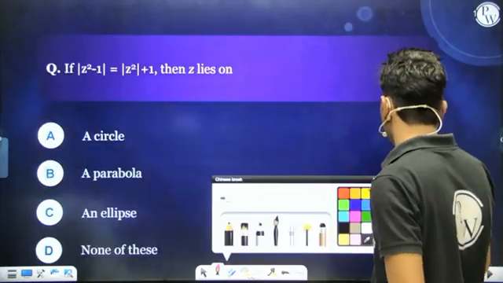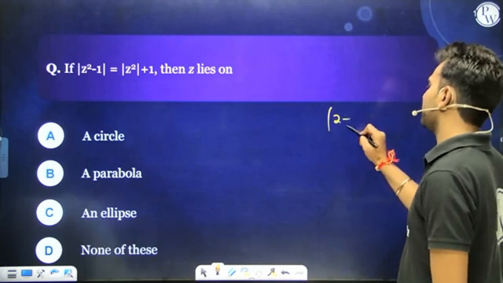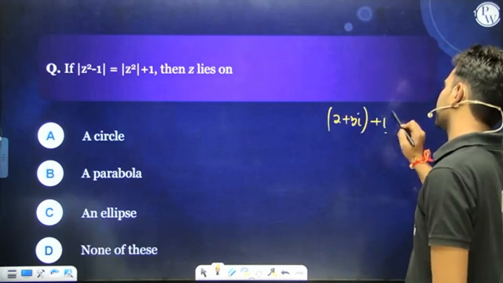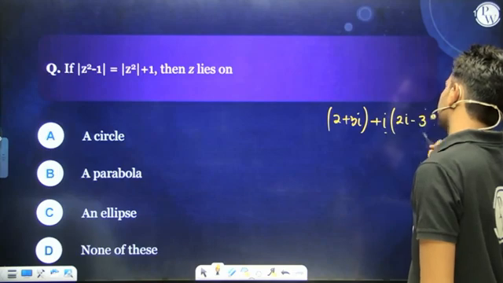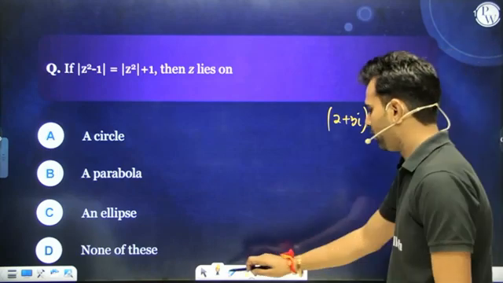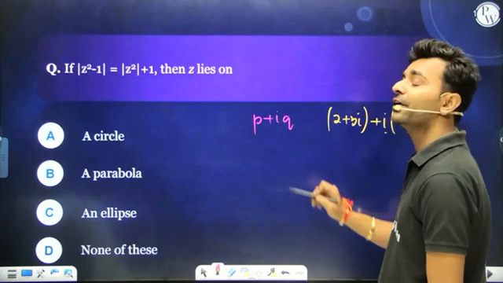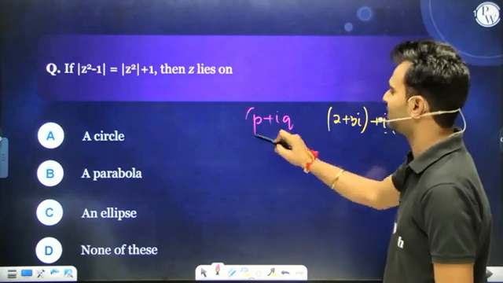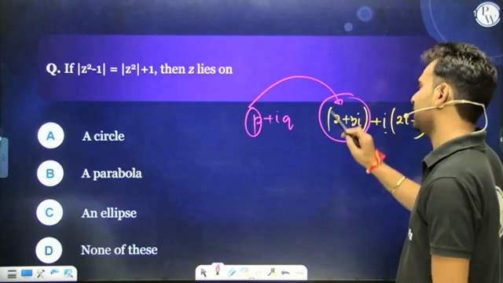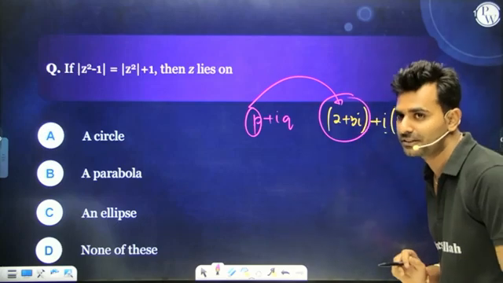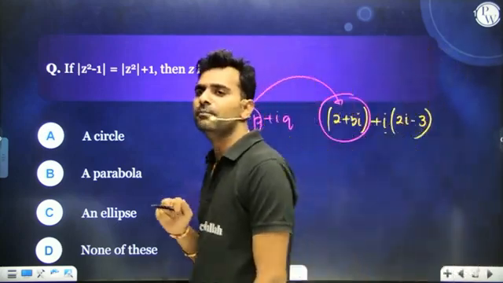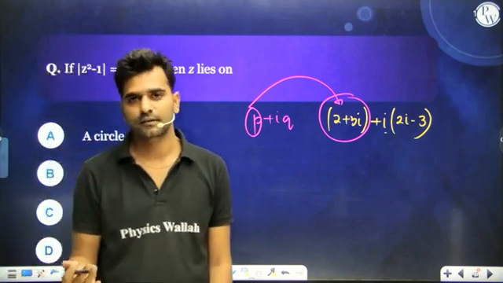Why? Let me give you an example. If I give you a complex number like this, now if you compare it with p plus iq in the previous problem, and I haven't told you that p and q are real numbers, so in that case the value of p will be this, and this can never be the real part of the complex number. Yes or no? Because the real part of the complex number does not have i in it.